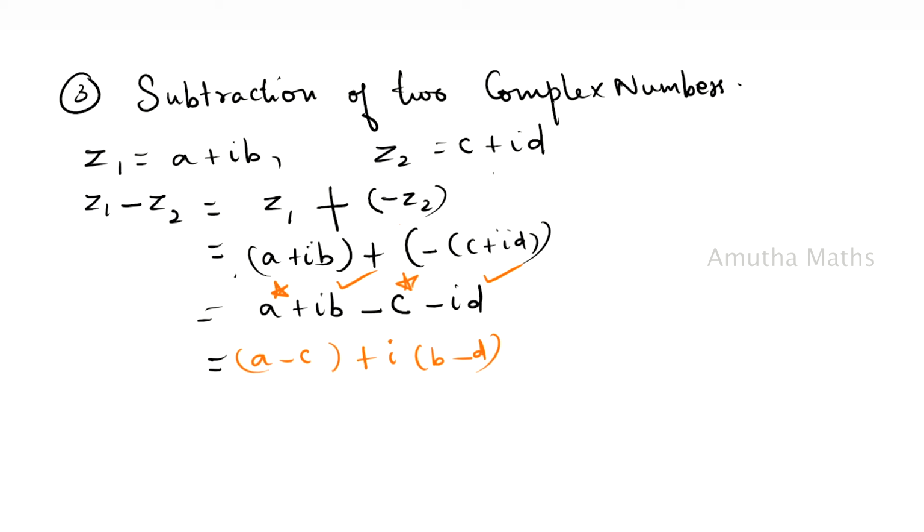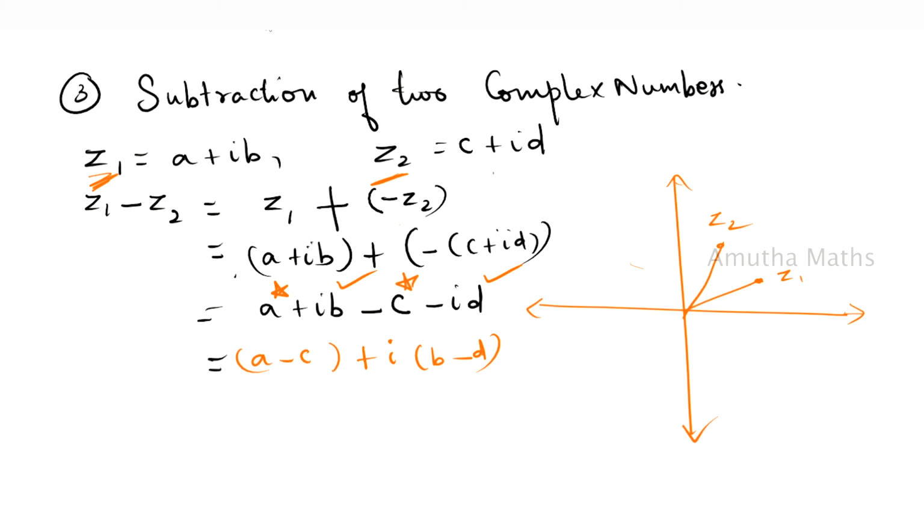Now we shall see this one in the diagram, so listen carefully. If Z1 is one complex number and Z2 is another complex number, now we are going to subtract. So Z1 minus Z2 we want. நமக்கு Z1 minus Z2 வேணும்.